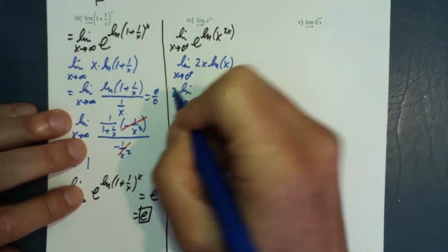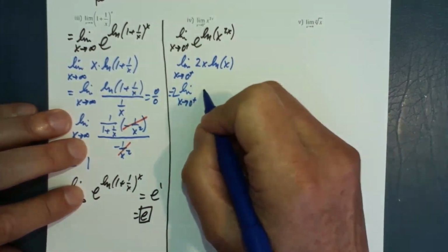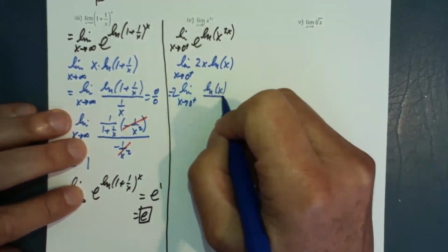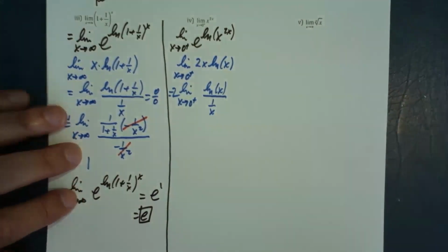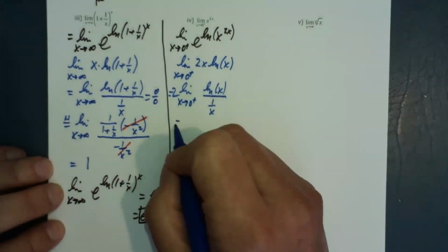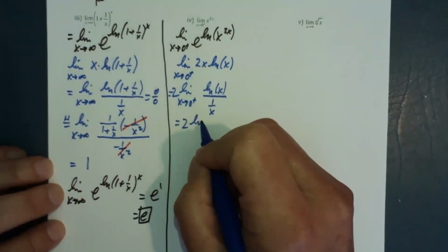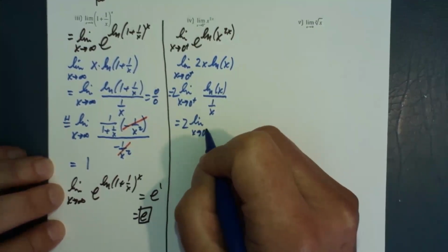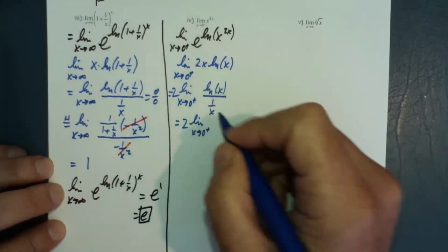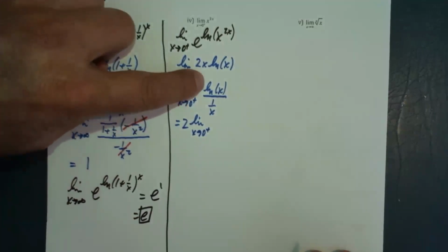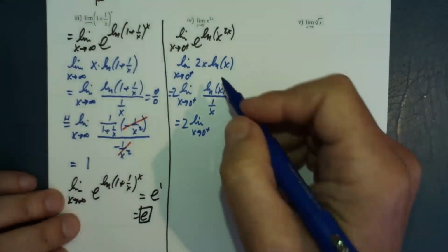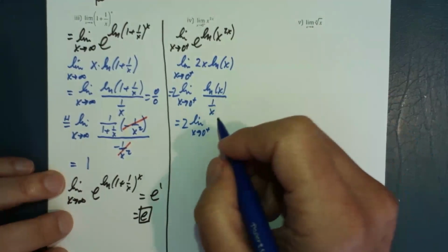And I'm going to bring the 2 out there. This is ln x over 1 over x. And this is now infinity over infinity. Actually, negative infinity over infinity, which is fine.